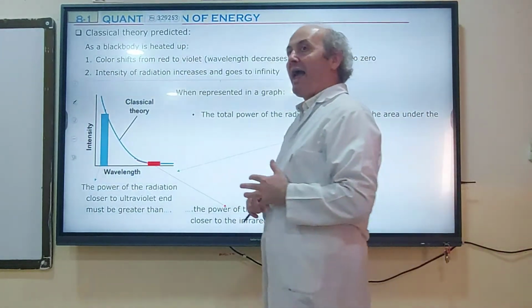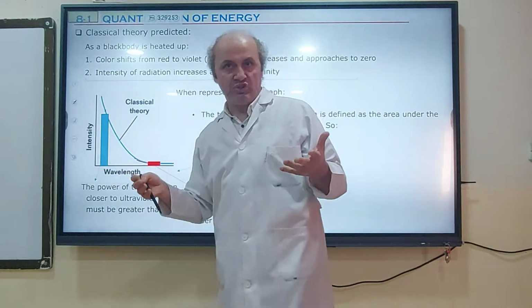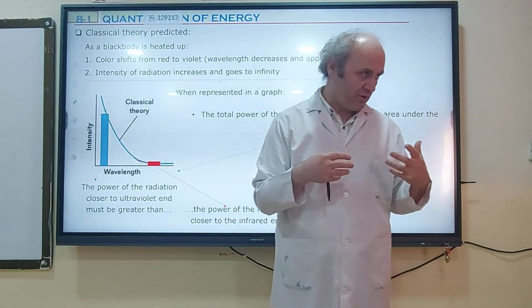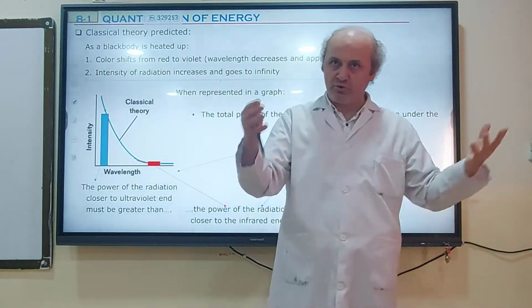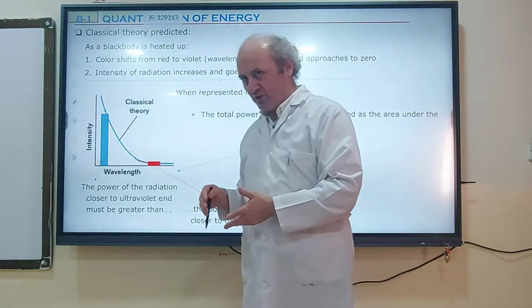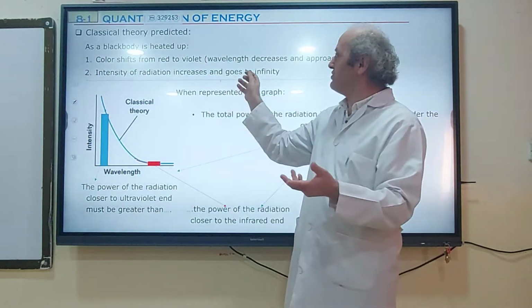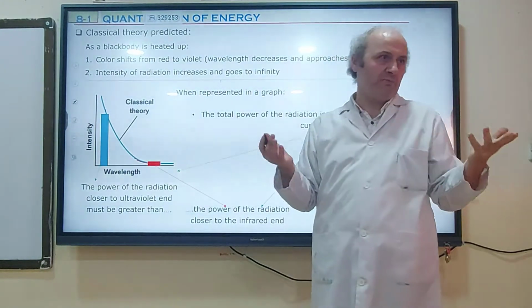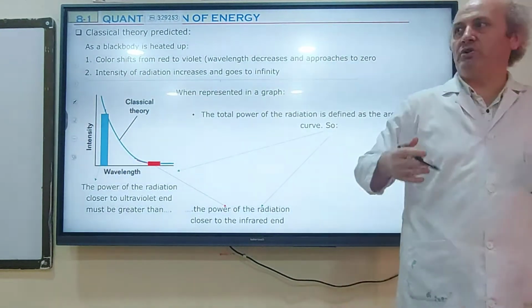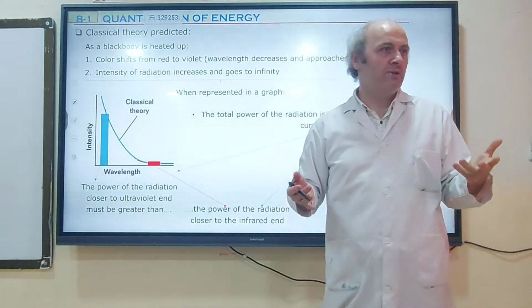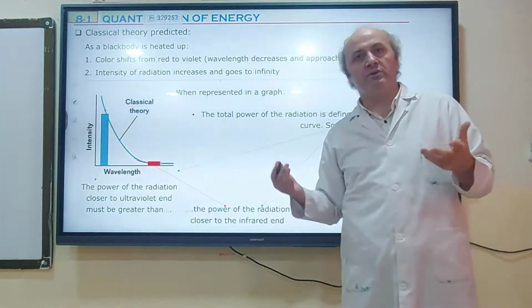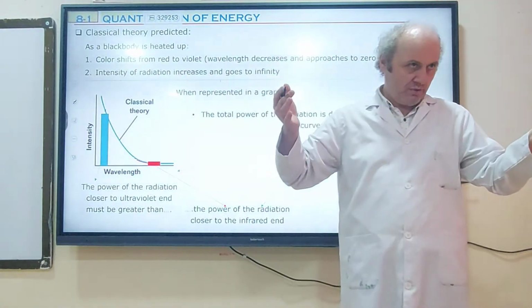What about the energy emitted, which is the intensity of the light coming from this Blackbody? Of course, from the outer surface, there must be some emission, right? Intensity of the radiation from the outer surface increases and goes to infinity. The classical model says this. When you continuously heat up a Blackbody, you are going to increase the emitted radiation.